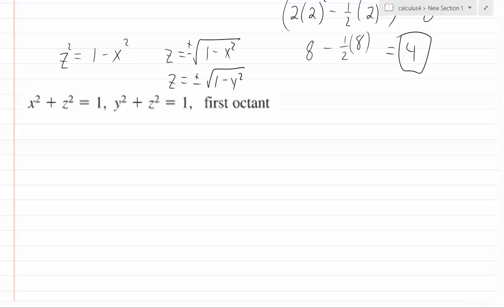Now, if z is equal to both of those, then those two are equal. I'm trying to think of the figure that this would be if we had z equals plus or minus the square root of 1 minus x squared and plus or minus the square root of 1 minus y squared.